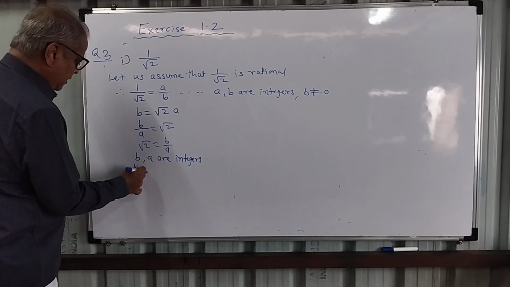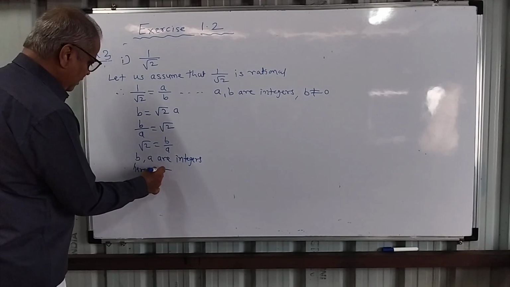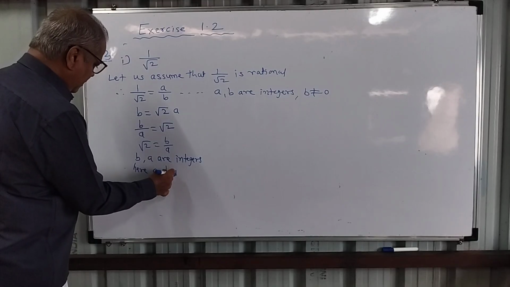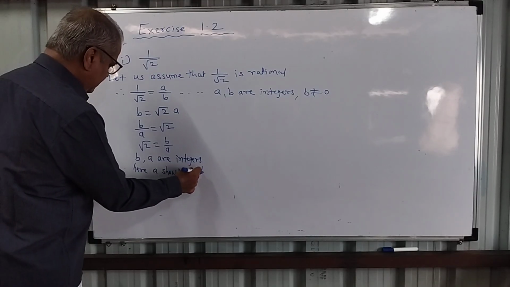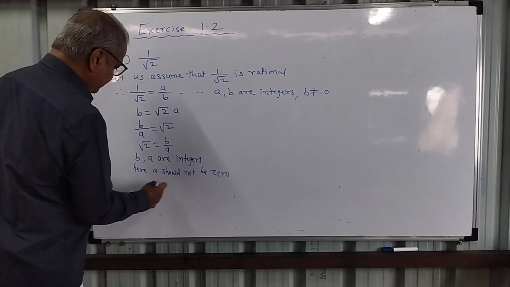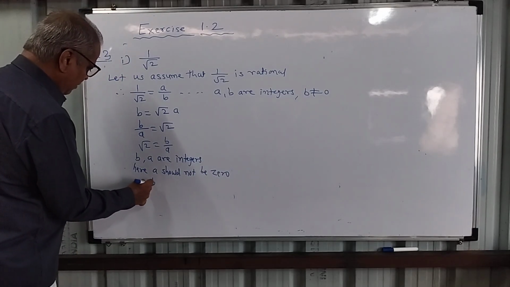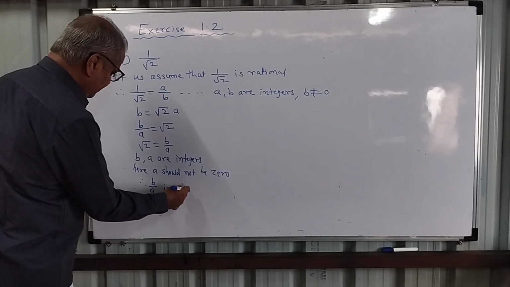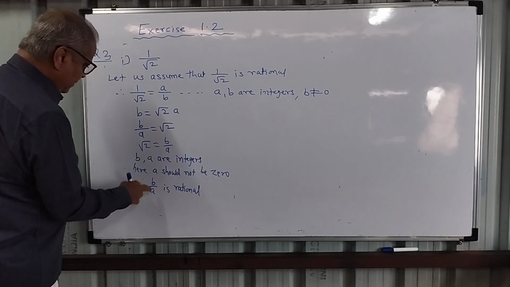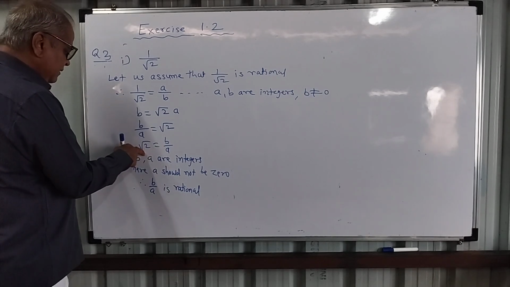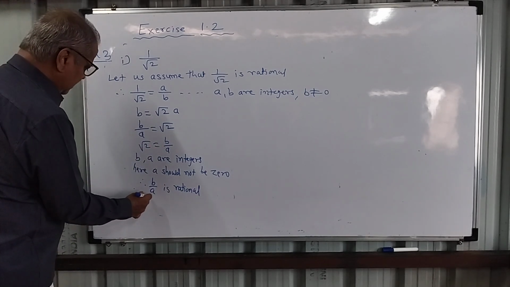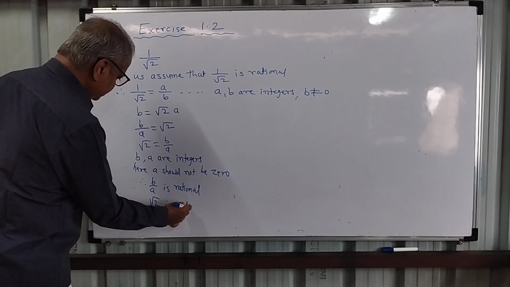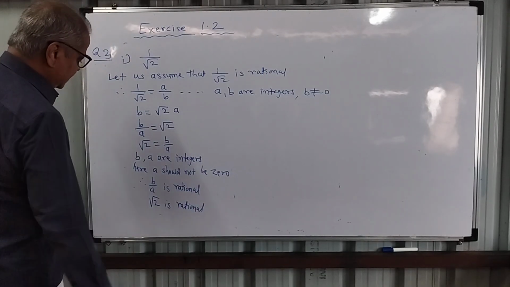Here a should not be 0. Then b upon a is rational. Integer upon integer is rational. Then if the RHS is rational, the LHS, root 2, also has to be rational. So root 2 is rational. And then write the following steps the same.